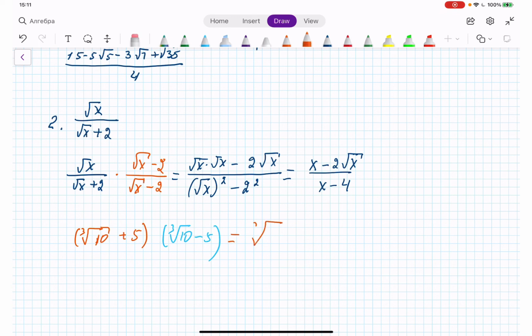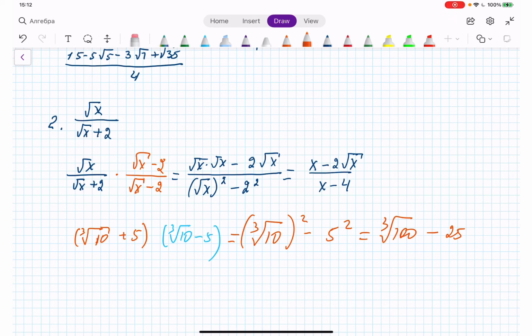So it's going to be 10 squared and minus 5 squared. The formula a squared minus b squared, correct? And it won't help anyhow. I still will have cubic radical of 100 and then minus 25. Because the cubic radical of 100 cannot be simplified further, therefore there is no cube numbers to pull out of cubic radicals, okay?